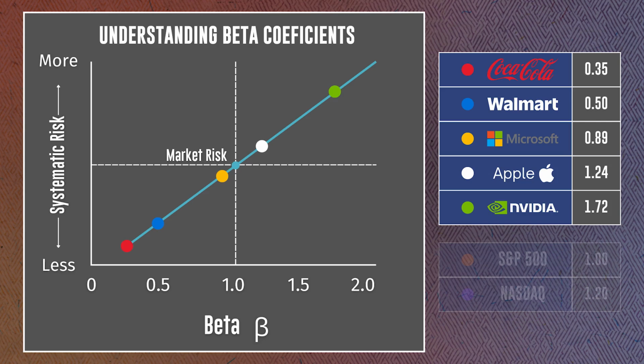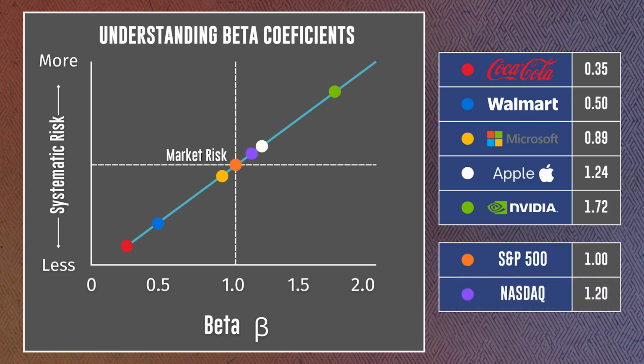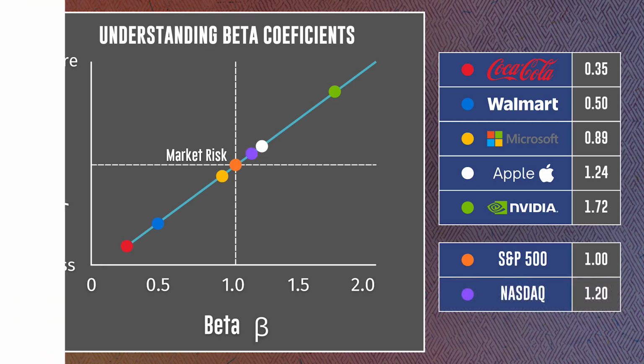As reference of comparison, you'll notice that the S&P 500, the broader market, has a beta of 1.0 precisely, because we are measuring against that broader market, the S&P 500. NASDAQ, as comparison, has a beta of 1.2.